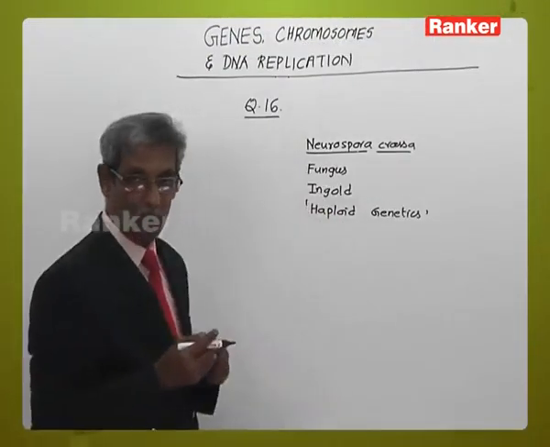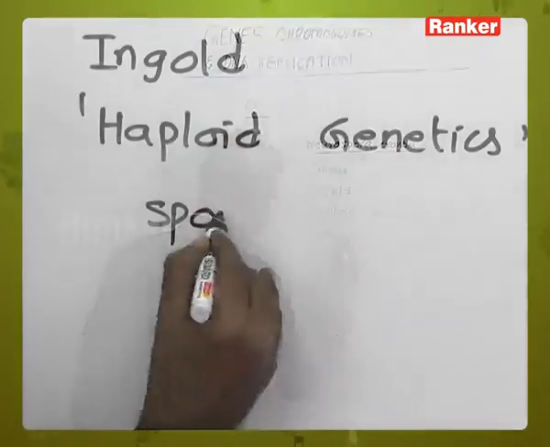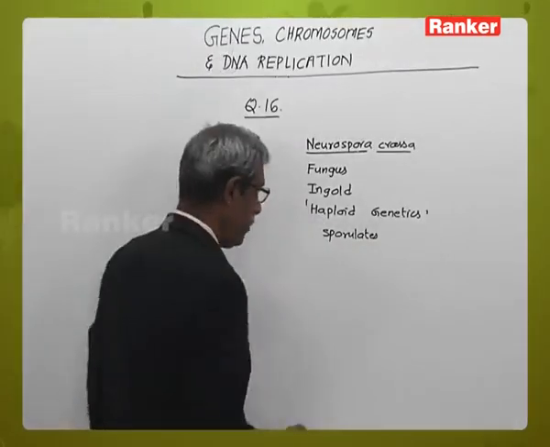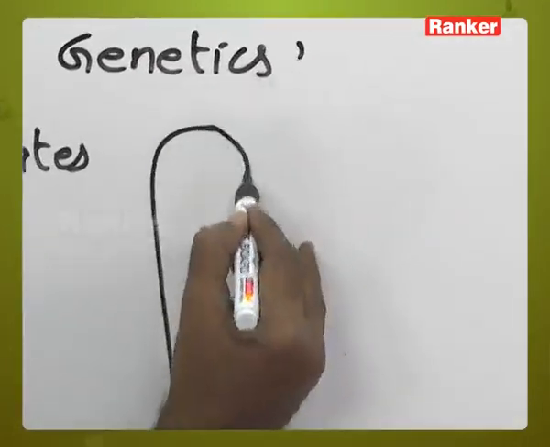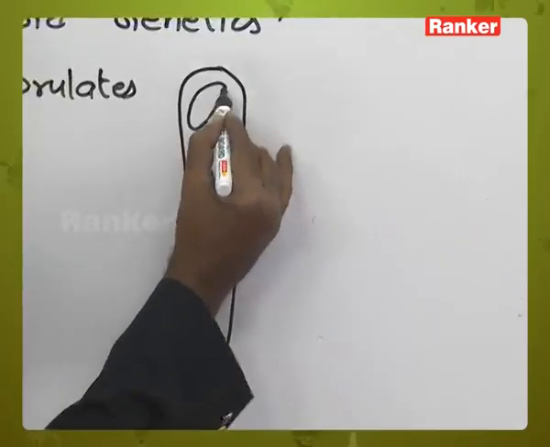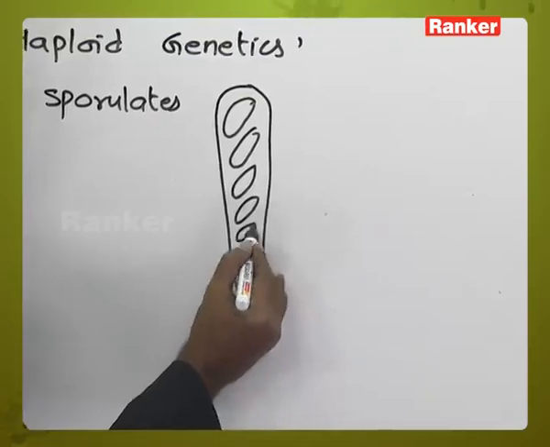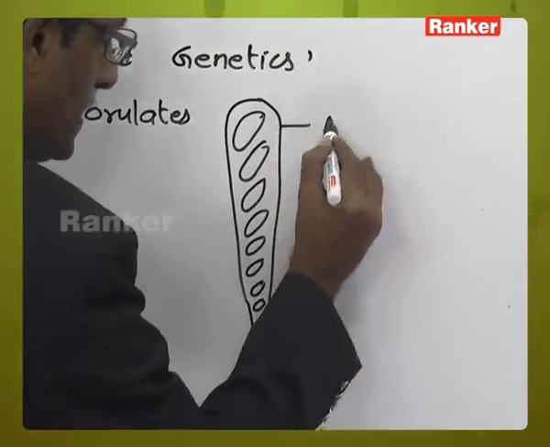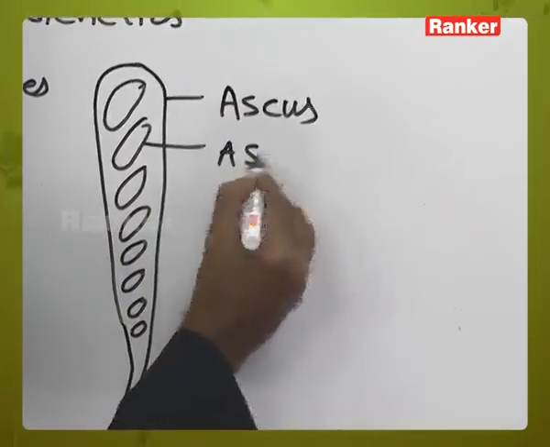Neurospora is an organism which sporulates. When you take the ascus, within it there are ascospores.